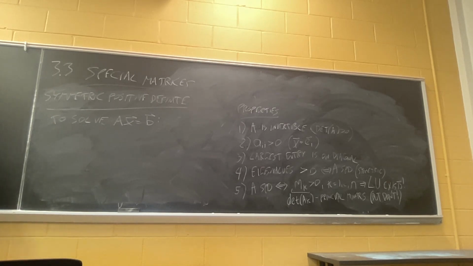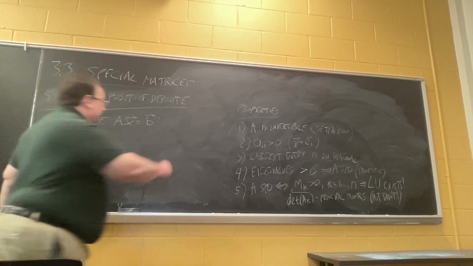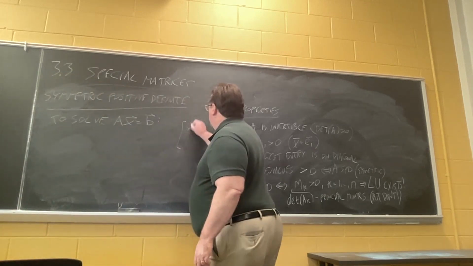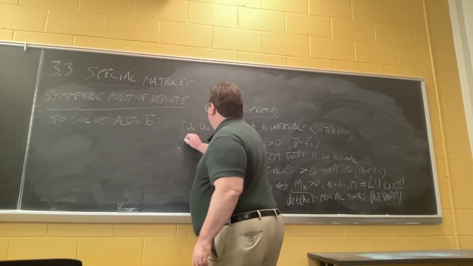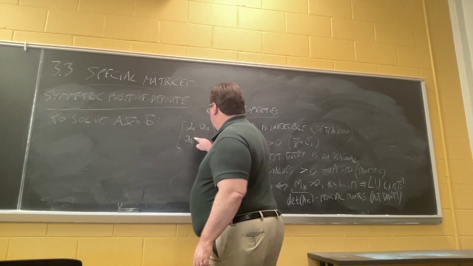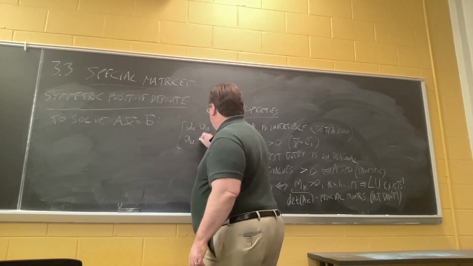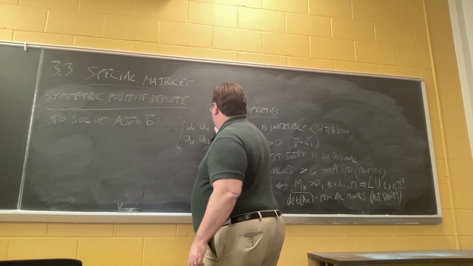But for example, it's supposed to look at the second principal minor. So that'd be the determinant. You're talking about A11, A12, A21, which equals A12, A22.